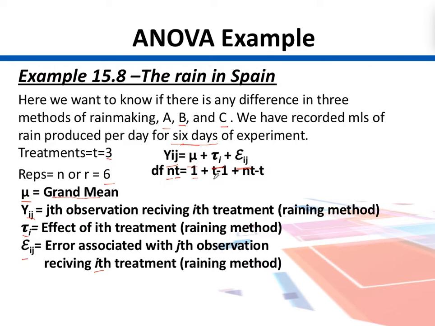The degrees of freedom for treatment are t minus 1, since we have t number of treatments, and the error receives nt minus t, that is 6 into 3, 18, minus t, that's 15. So 18 degrees of freedom are distributed as 1 for mean plus 2 for the treatment, and the remaining 15 degrees of freedom are assigned to the error term.